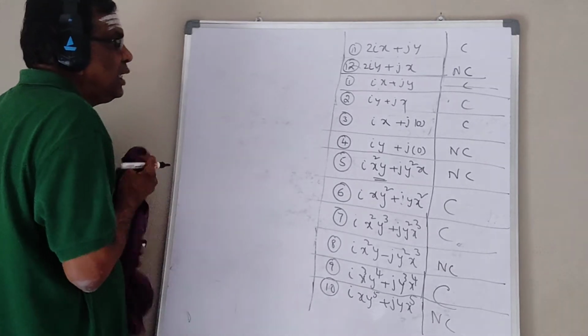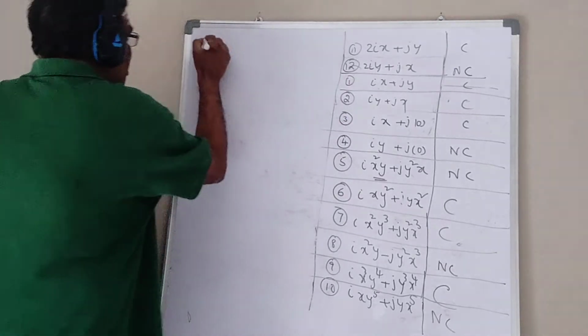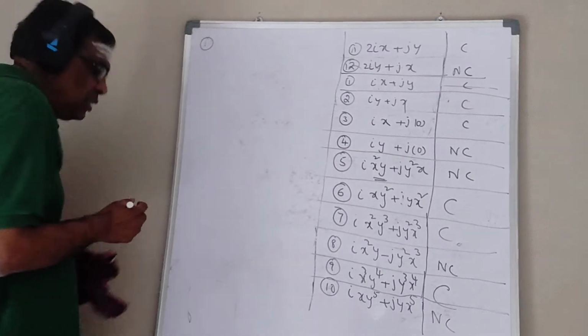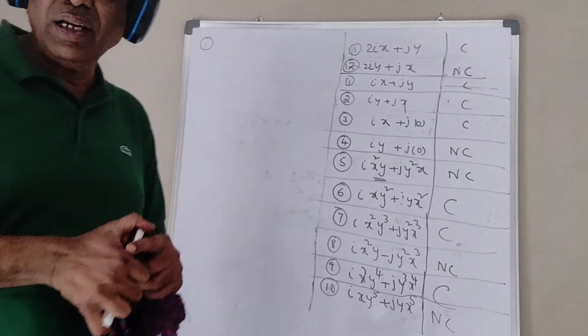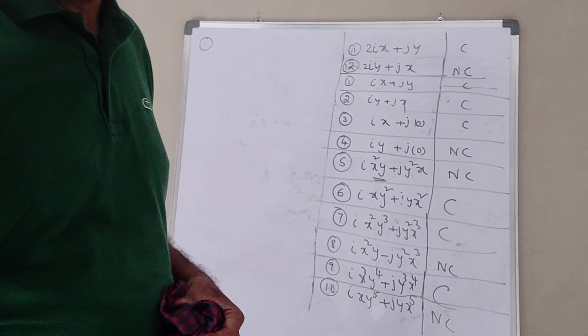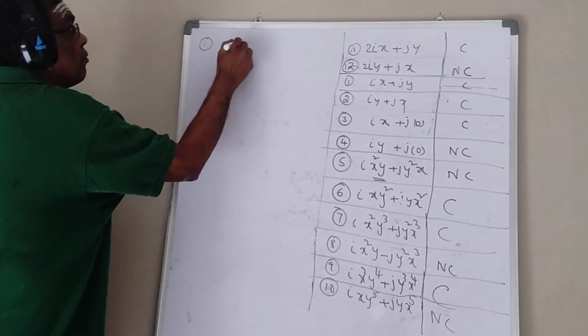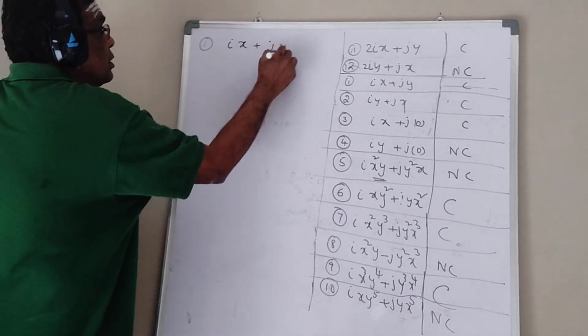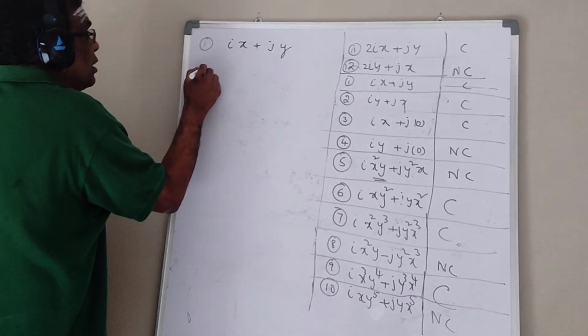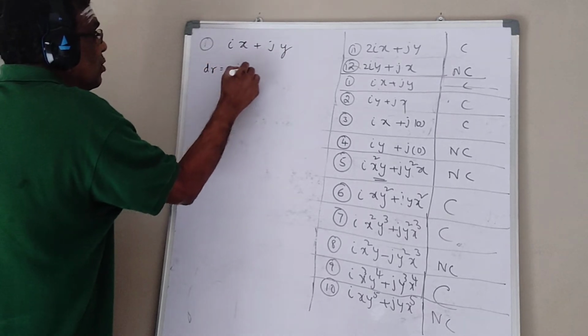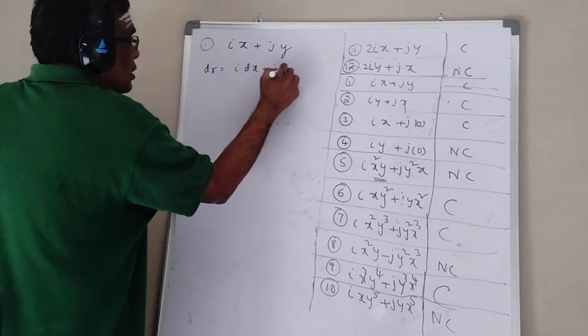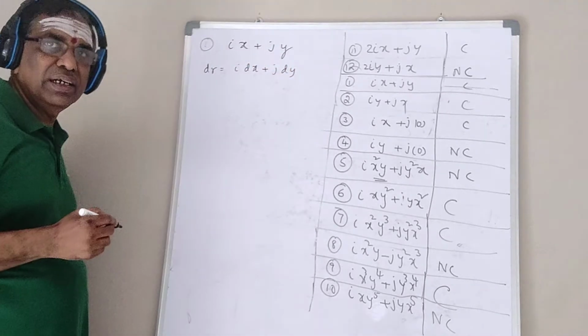Now, let us go to the first example. What is the first example? F = ix + jy, and dr is equal to i dx + j dy.